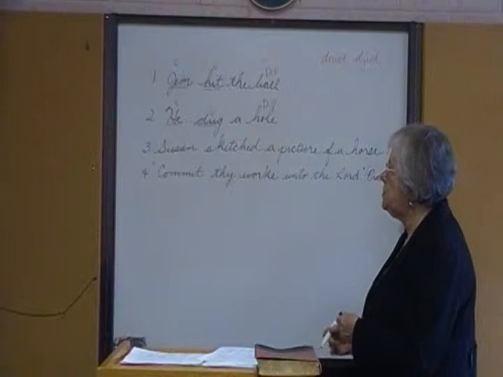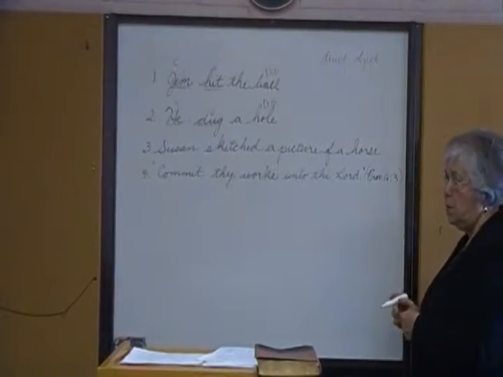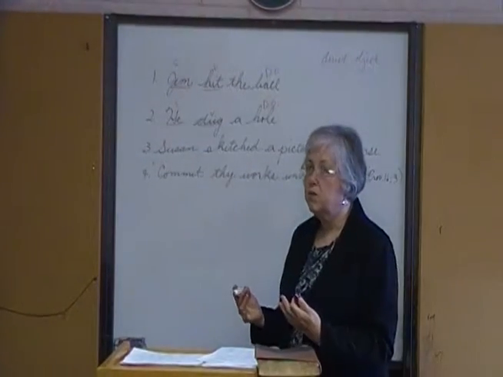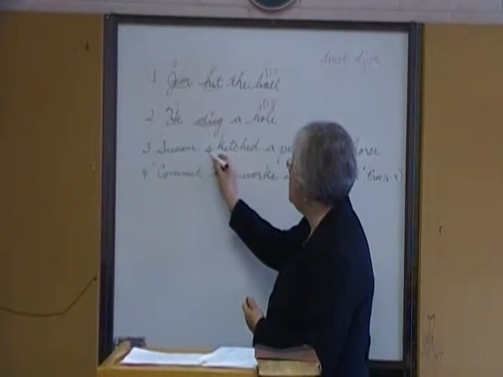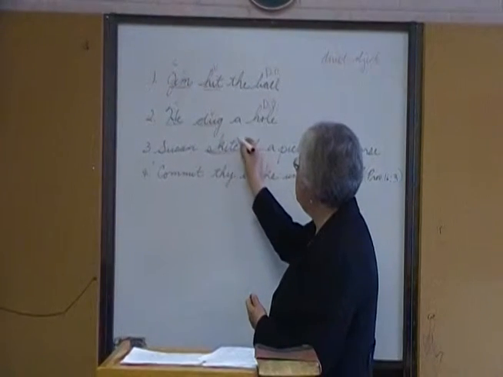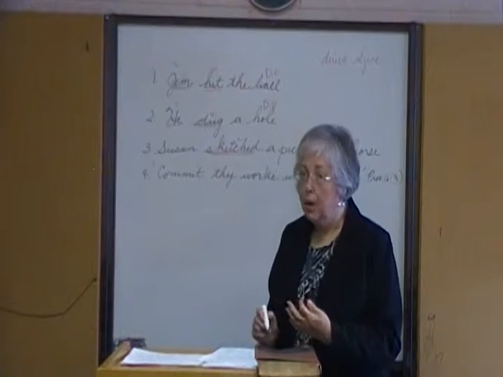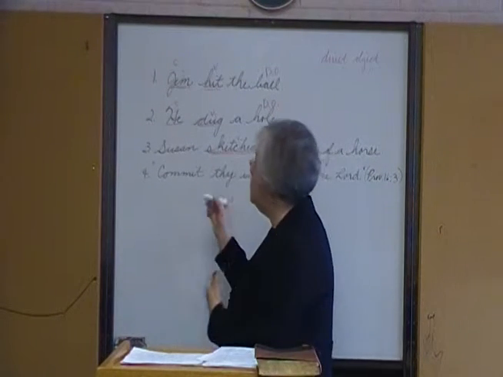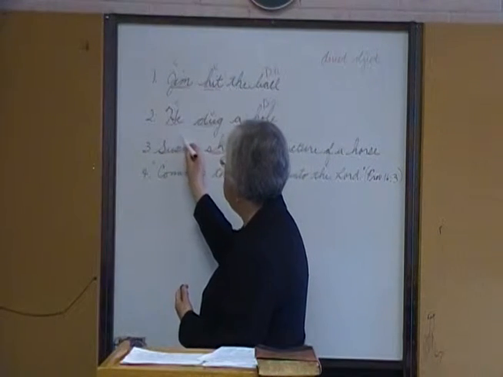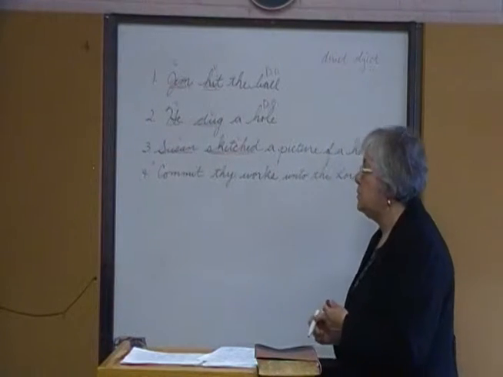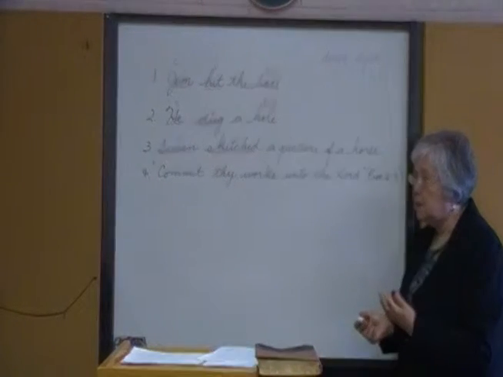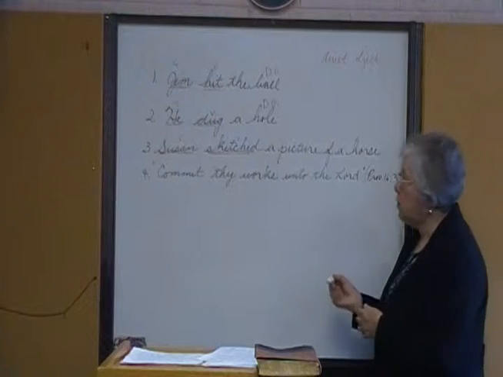Number 3, Susan sketched a picture of a horse. What is the verb? What is the action? Sketched is the verb. Who or what sketched? Subject, Susan. Susan did the action. Susan sketched what? Picture.